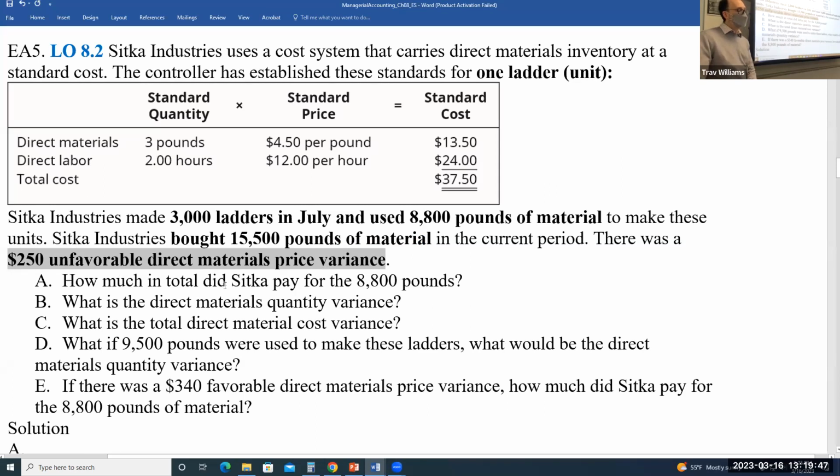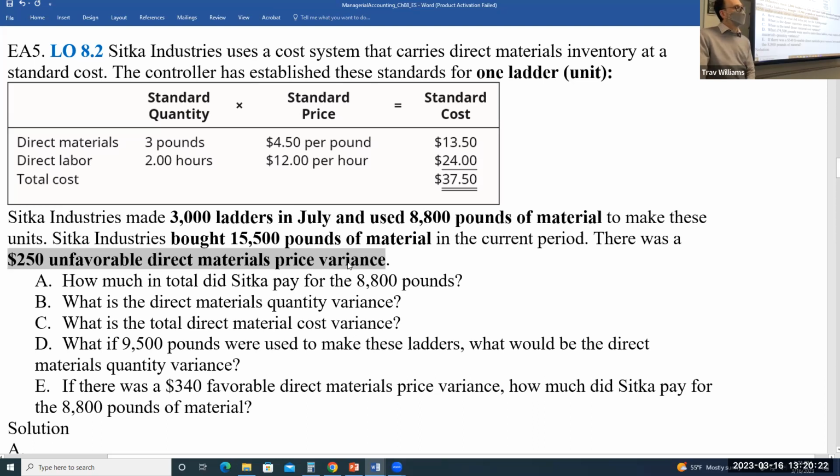The first question is, how much did they pay for the 8,800 pounds? And they didn't tell us that, so we're going to have to figure it out. So 8,800 pounds we know was unfavorable by $250 because there was a direct materials price variance.